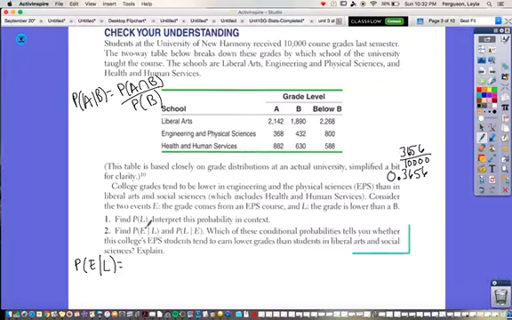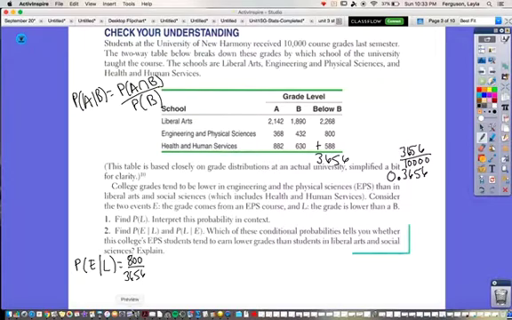So what we have to do to start with is find the grades that are from an EPS course and are below a B. So that would be 800, because I go to my engineering and physical sciences and find the grades that are below a B, which is 800, over the probability of L in this case, which is a grade lower than a B. And so we said a grade lower than a B was this 3,656, because that's all of my lower than a B's added together.